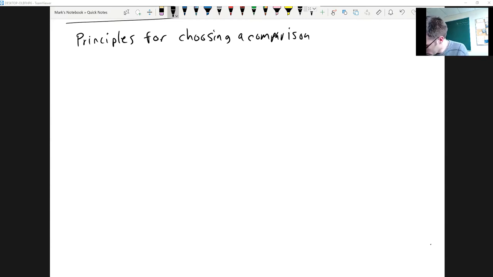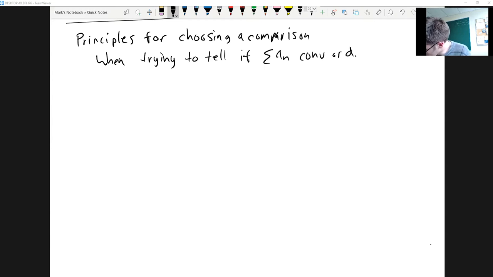And this is going to be when trying to tell if the sum of an converges or diverges.